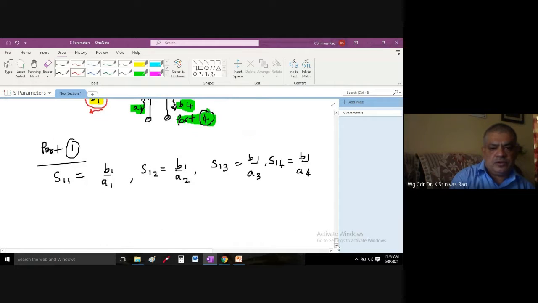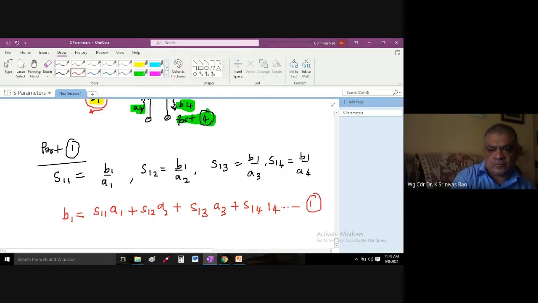Therefore, to calculate the total reflected value B1 for port 1, I can write S11 A1 plus S12 A2 plus S13 A3 plus S14 A4. So all four terms I'll add up. This equation I'll call equation number 1.